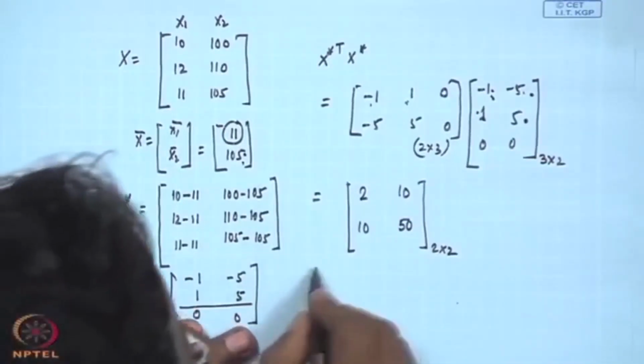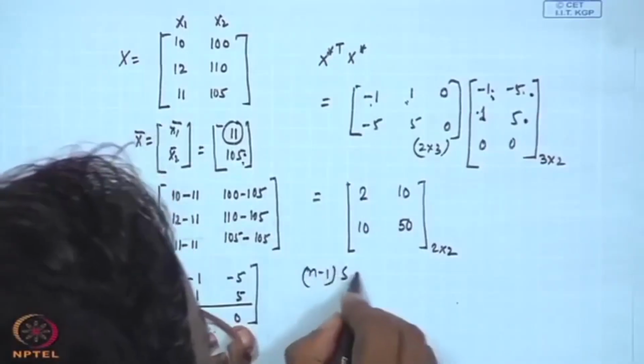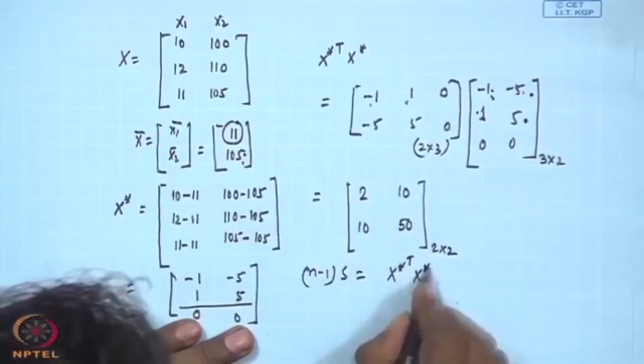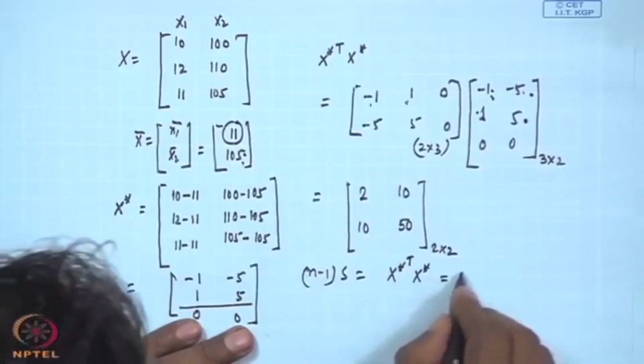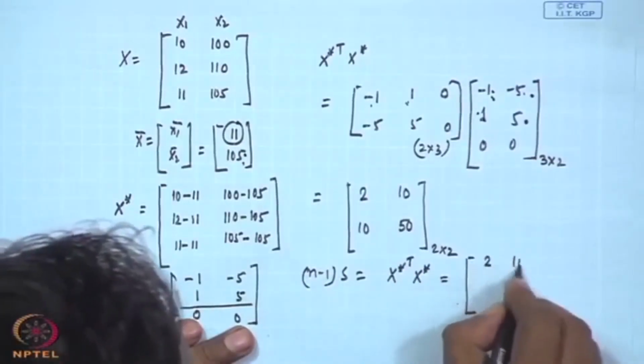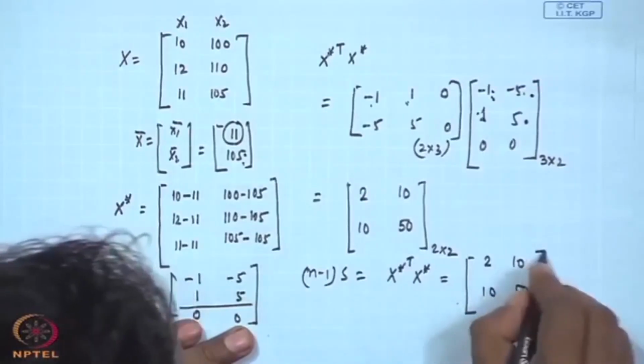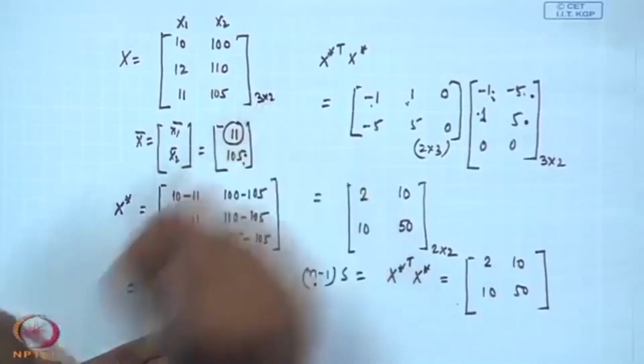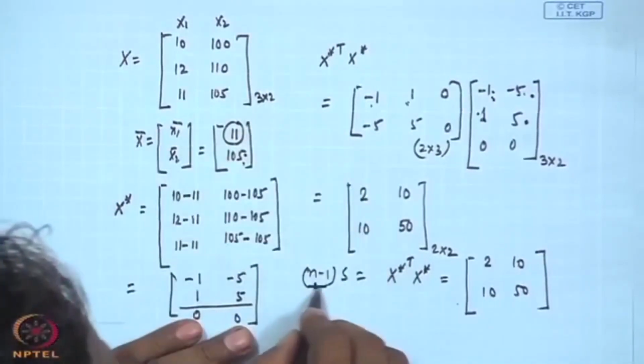So, we say n minus 1 into S equals X star transpose X star, which here is 2, 10, 10, 50. What is the n value here? n is 3, so n minus 1 is 2.